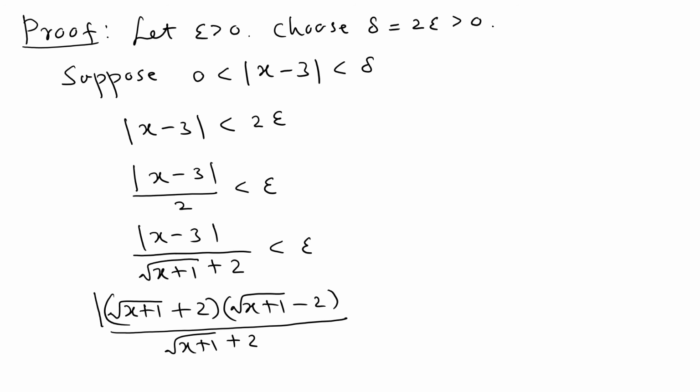So you know from the rough work that this is exactly what happened. Those are the terms that you're going to get, which is less than epsilon. And then you can see this term gets cancelled out. So this implies that the absolute value of the square root of x plus 1 minus 2 is less than epsilon.